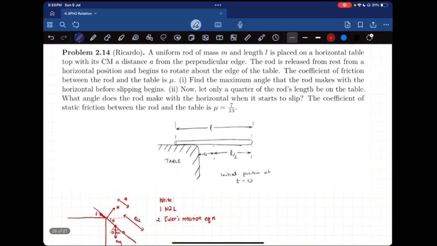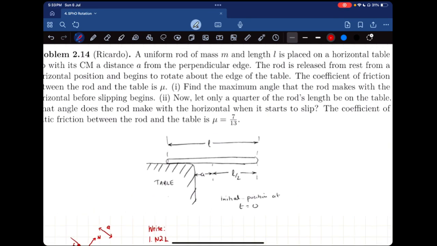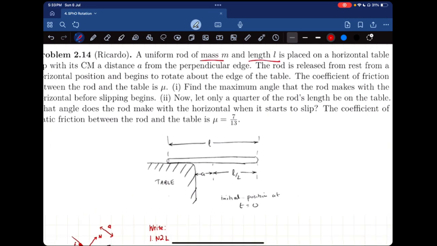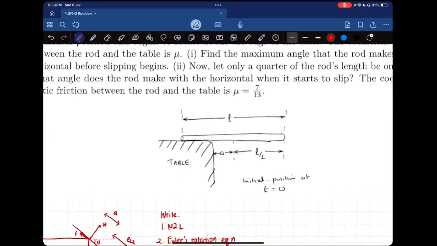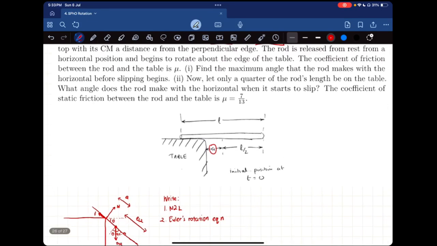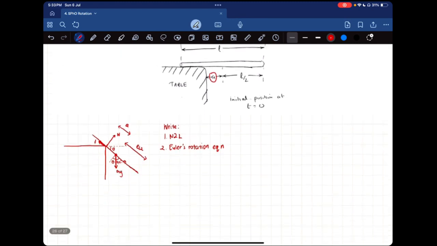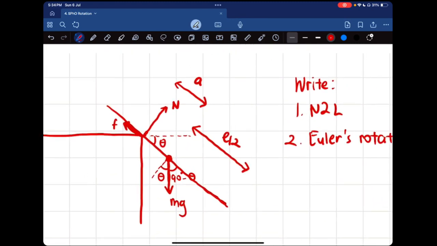So here we have a rod of mass m and length L that is uniform, on a horizontal table, with the CM a distance a from the perpendicular edge here. The rod is released from rest from a horizontal position and begins to rotate. The coefficient of friction is mu. So the physical situation is something like that, where I've labeled the forces that are in play here.